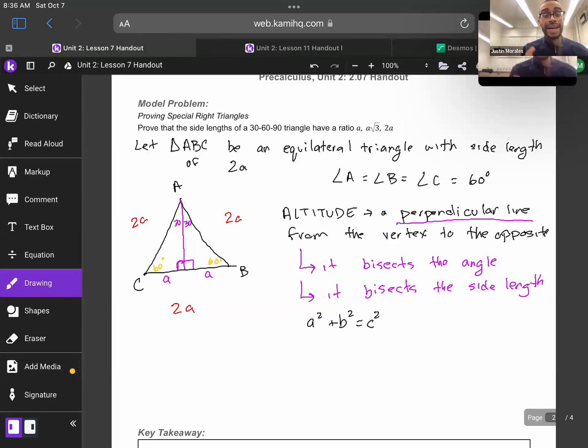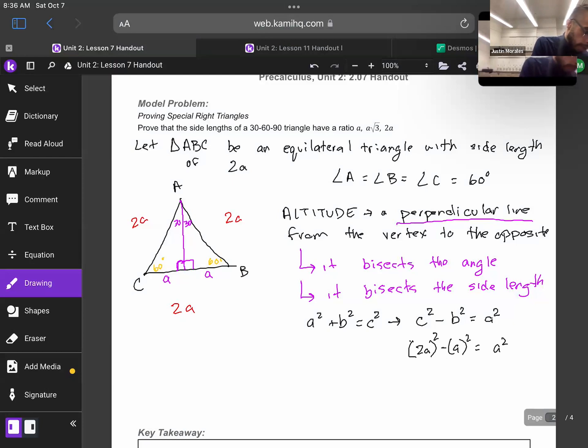Or because right now we're looking for the length of the altitude, we could rewrite this as c squared minus b squared equals a squared, where I just subtracted b squared on both sides. So I'm now going to go ahead and plug in. Our hypotenuse is 2a, and one of our side lengths is just a.